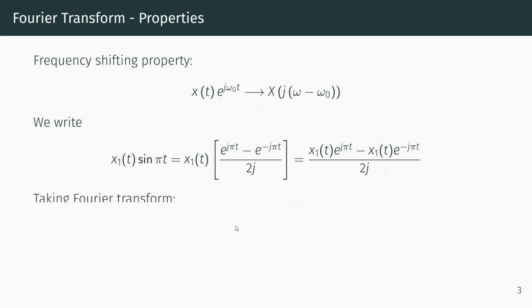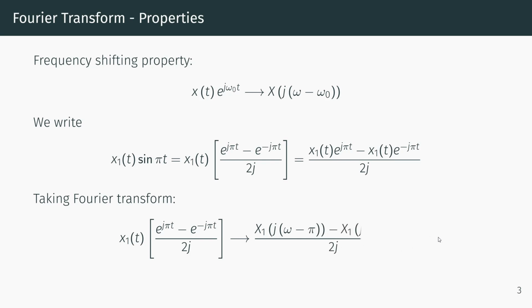Now let us try to find the Fourier transform of this signal. Our x1 of t times e power j pi t minus e power minus j pi t by 2j. Using the frequency shifting property, we will get this as the Fourier transform. What is that? x1 of t e power j pi t will have X1 of j omega minus pi, and x1 of t e power minus j pi t will have X1 of j omega plus pi.